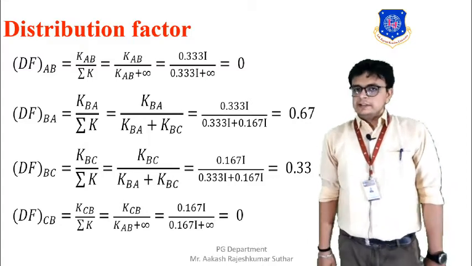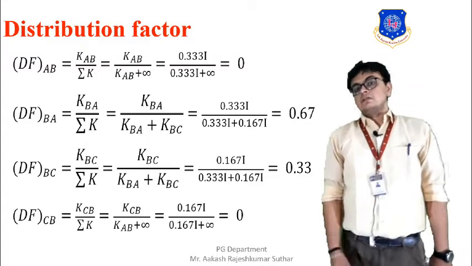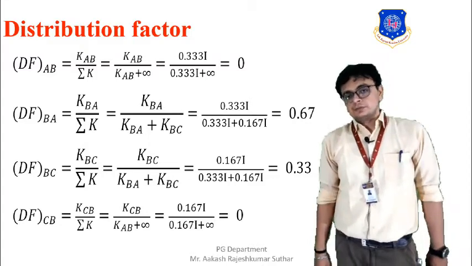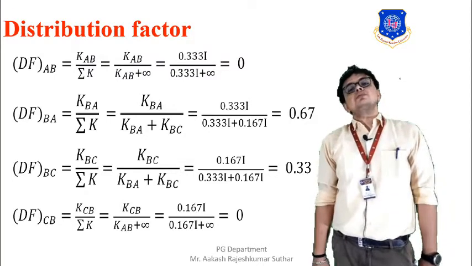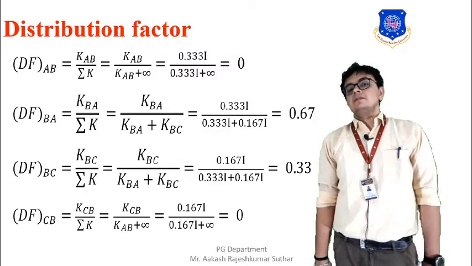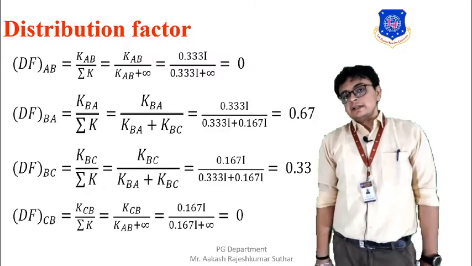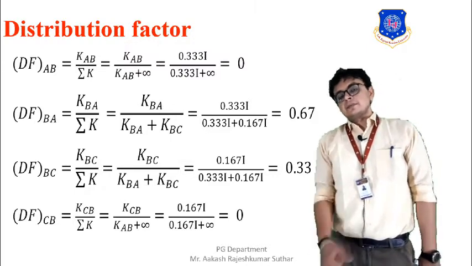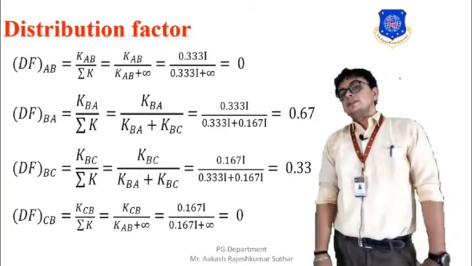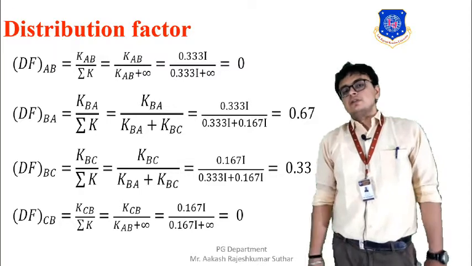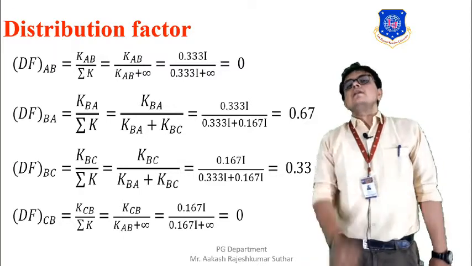So in the previous introduction session of the moment distribution method, we have discussed the formula to find distribution factor. The distribution factor for a particular member will be the ratio of the stiffness of that particular member divided by the sum of the stiffness of all members.